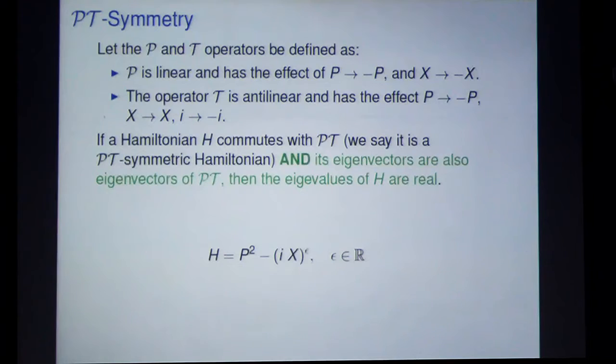Some of the eigenvectors could not be eigenvectors of the PT operator, so the system could have complex eigenvalues. And for epsilon less than 1, we have, in general, complex eigenvalues. So this was studied in 1998.